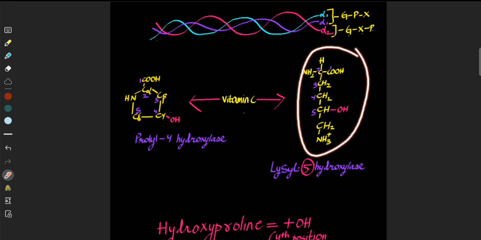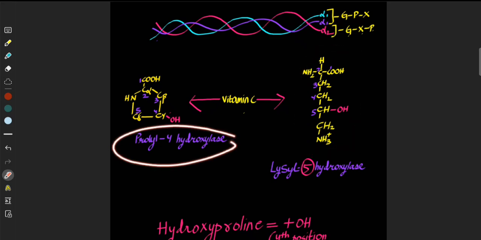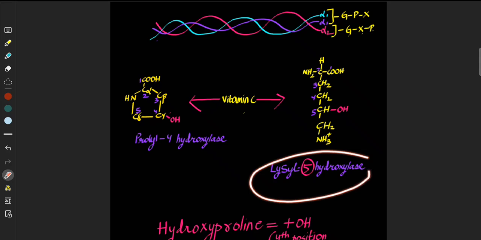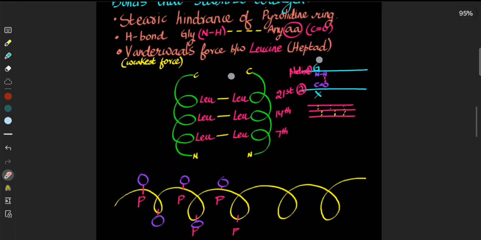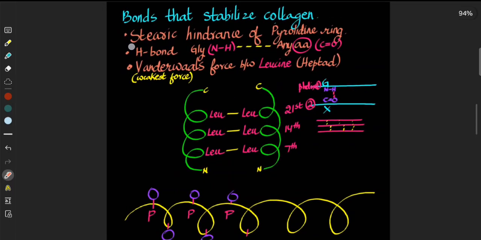This is the enzyme which adds a hydroxyl group to the proline in the 4th position, and this is the enzyme which adds a hydroxyl group to the lysine in the 5th position, right? And then we have bonds that usually stabilize the collagen, that is the steric hindrance of the pyrrolidine ring, as I talked about with this structure.